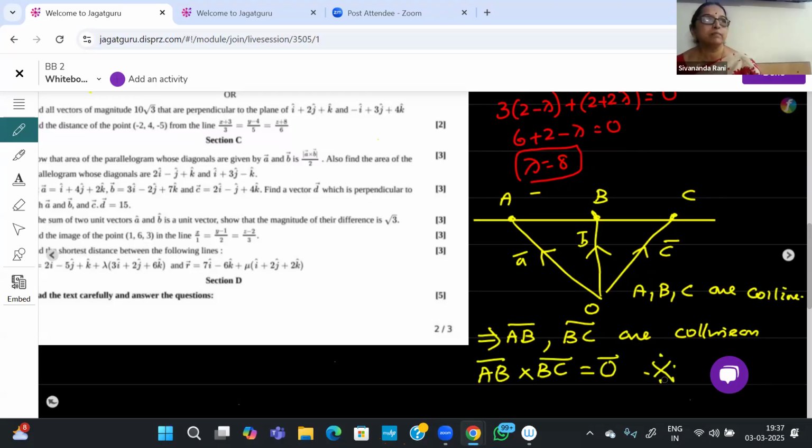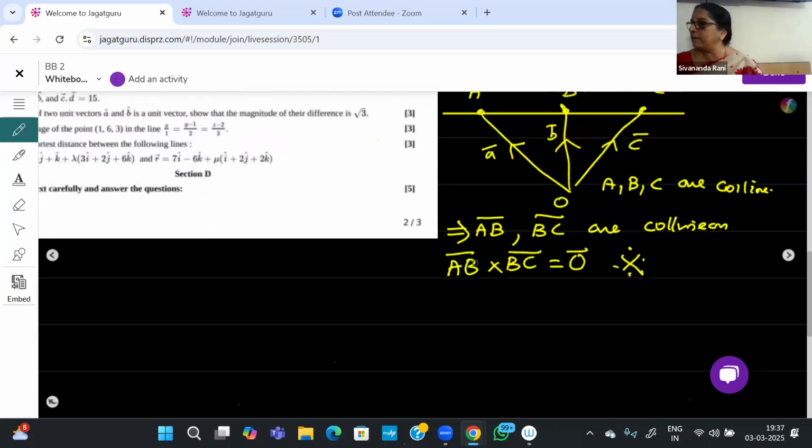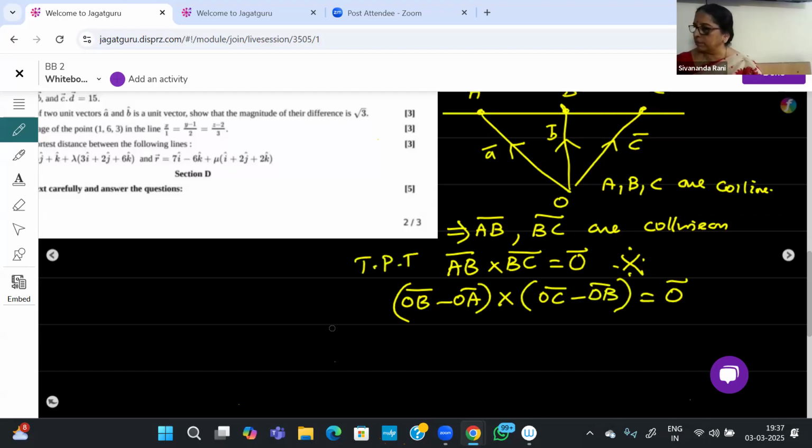That's the implication. So if you understood this, that's what he said. He got the point. Okay. AB cross BC should be 0. But what is AB? AB is given by OB minus OA, right? Cross OC minus OB, that should be 0. But these are being given to you. This is nothing but B minus A. This is nothing but C minus B. So consider the left hand side.